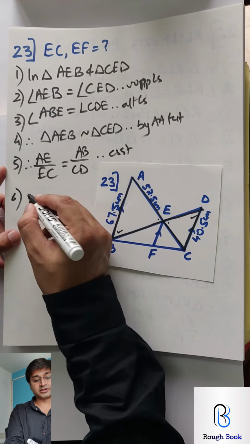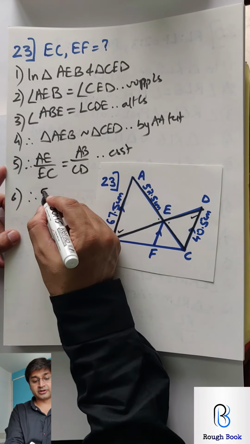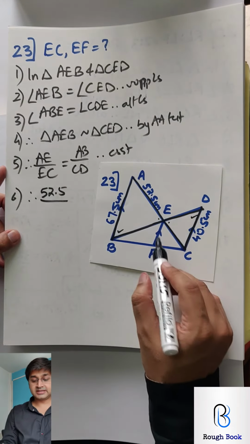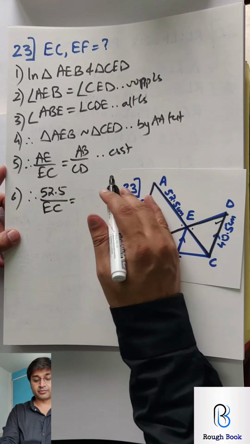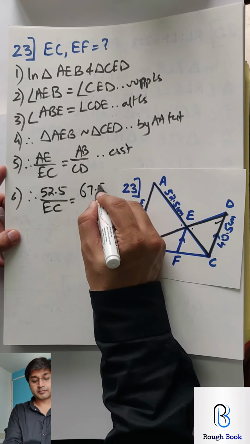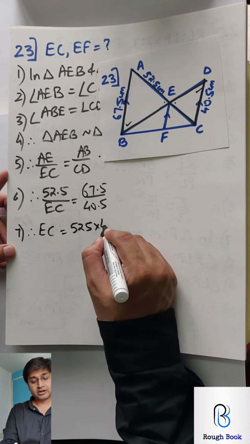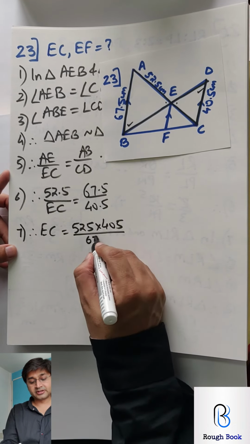CSST. Let us substitute the values. So AE 52.5, EC unknown, AB 67.5 and CD 40.5. So first get rid of the decimals and cross-multiply. EC goes on top, so 525 into 405 upon 675.